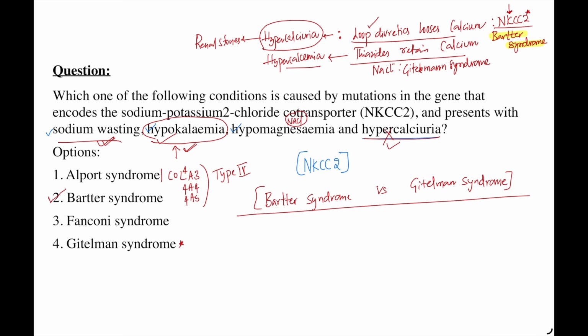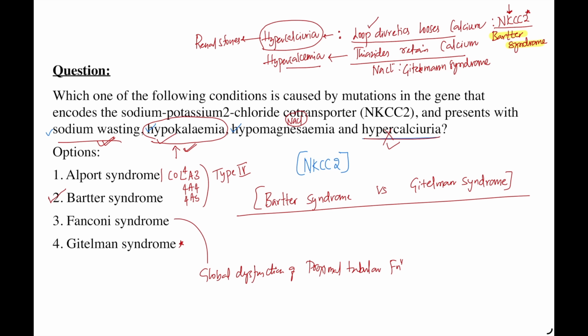And now we have another option, Fanconi syndrome. Fanconi syndrome is a global dysfunction of proximal tubular function. These are the other options that you see in this particular question.